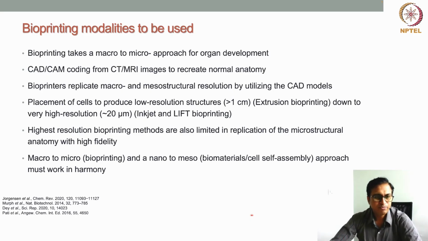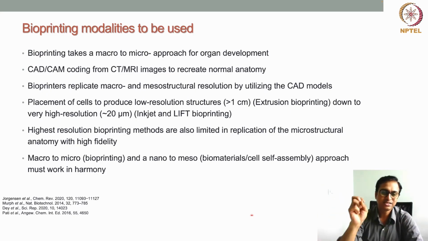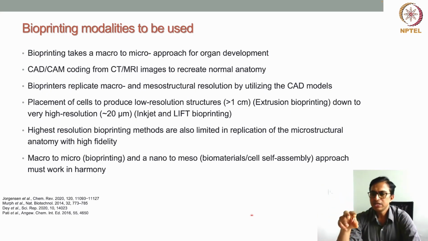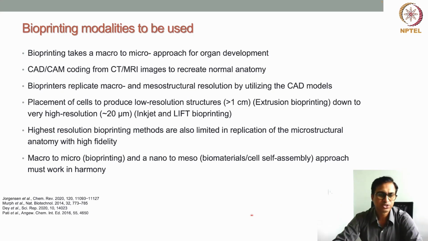That's why bioprinters replicate the micro and mesostructure resolution by utilizing CAD models, where these features are preserved. When you use that CAD model with the bioprinters, then we can replicate that kind of macro or mesostructure resolution.